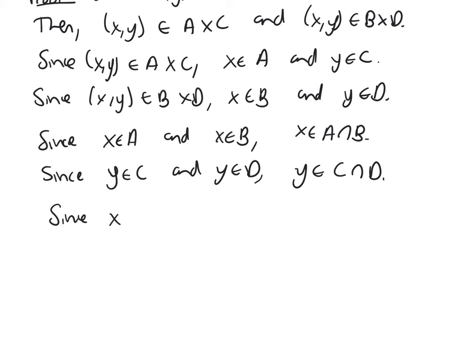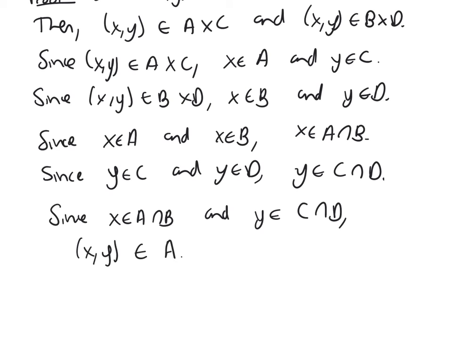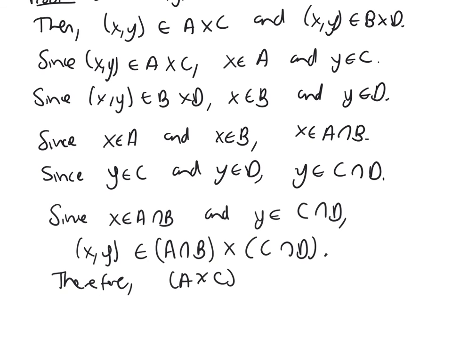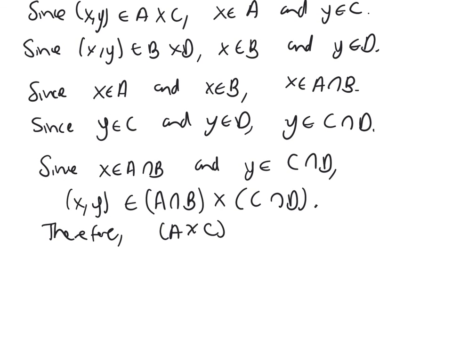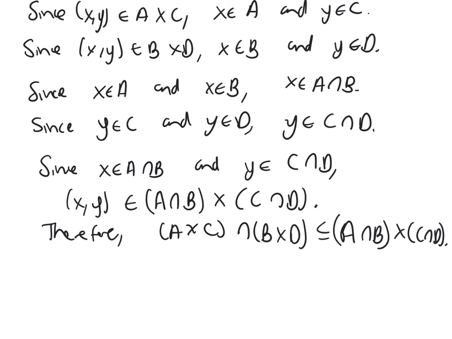So since x is in A intersect B and y is in C intersect D, xy is in A intersect B cross C intersect D. Therefore, what we've proven says that A cross C intersect B cross D is a subset of A intersect B cross C intersect D. So we've completed part 1 of the proof.